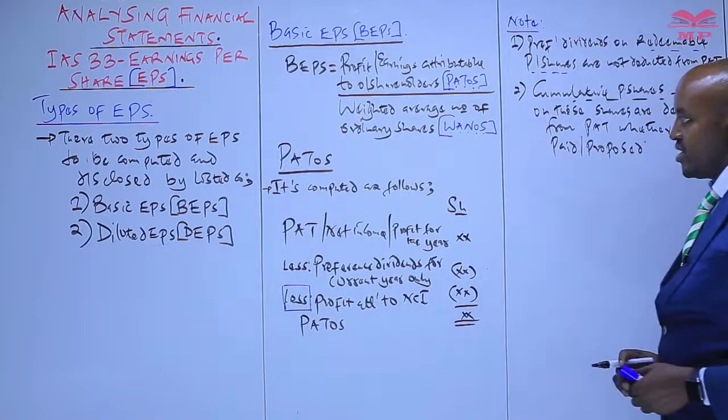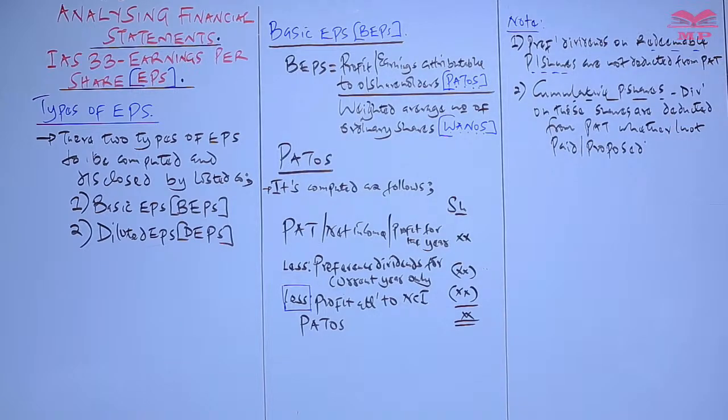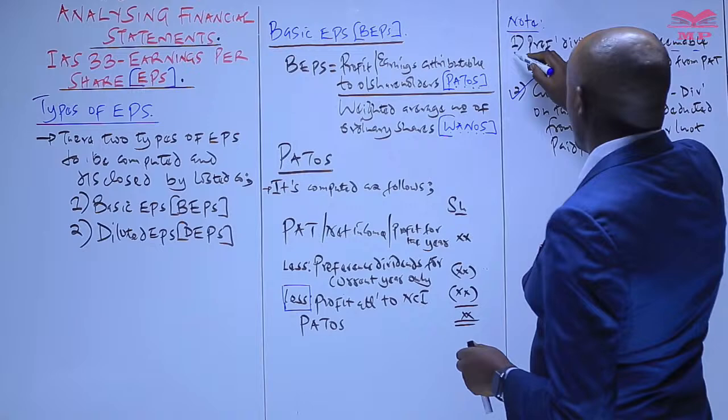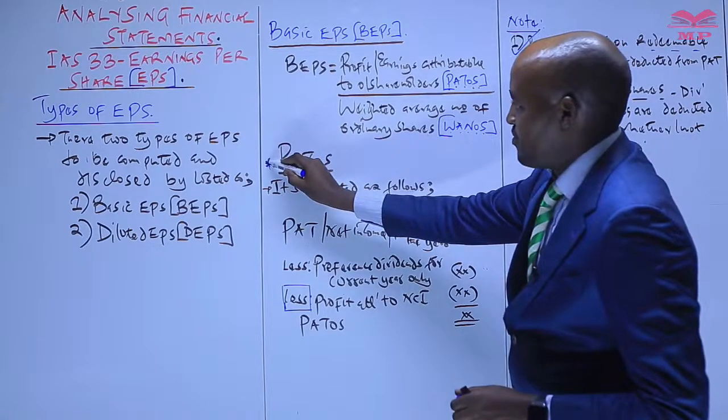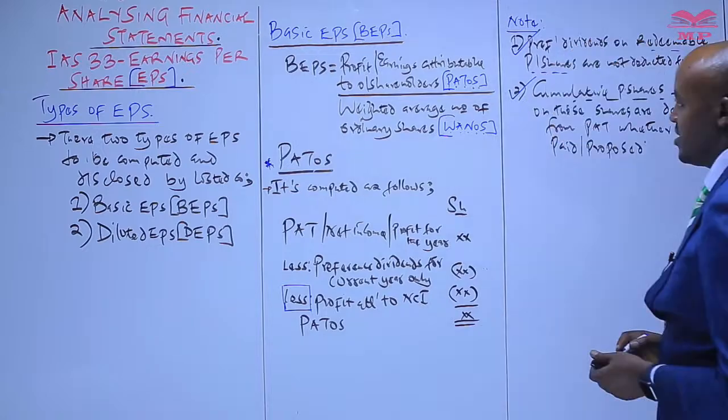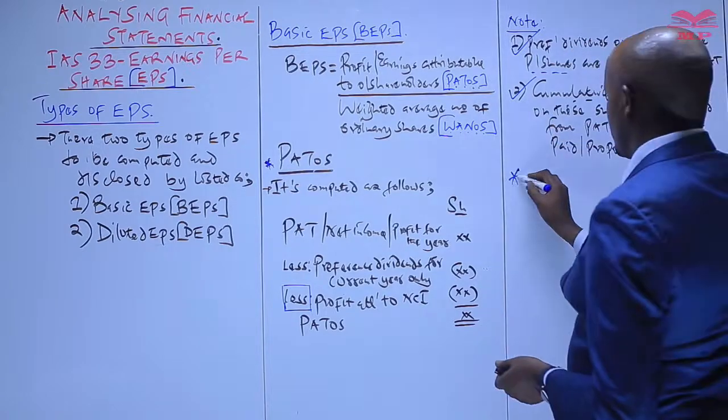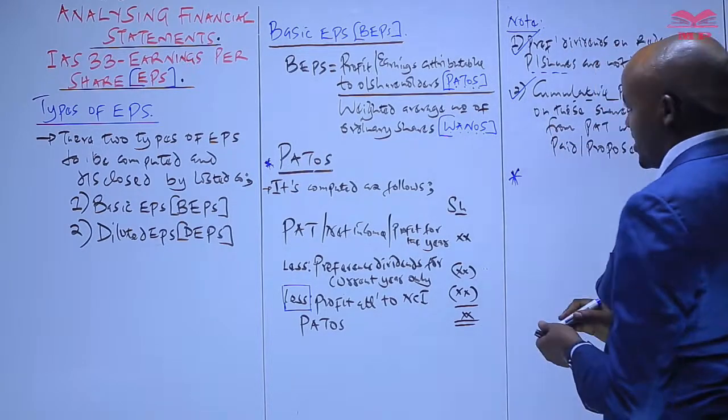So I think those are some of the key points which are important for you to know as far as the computation of this profit attributable to ordinary shareholders is concerned. So let's look at how we compute the WANOS, the weighted average number of ordinary shares.